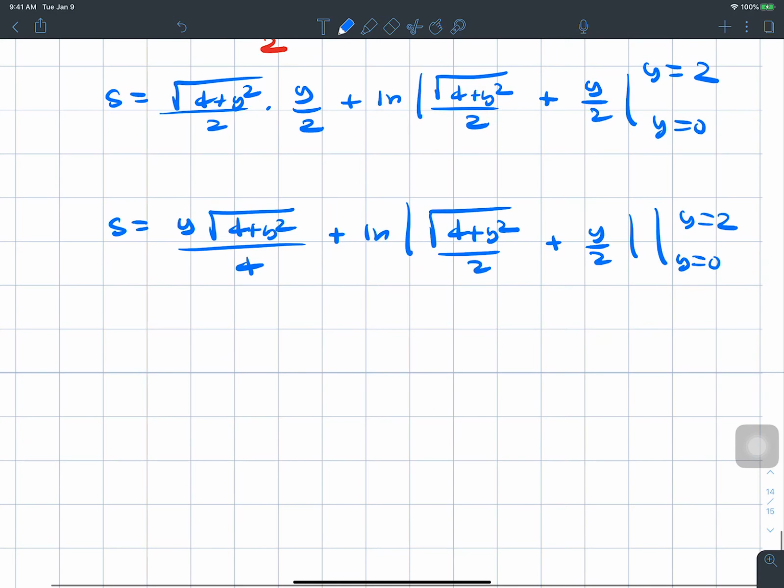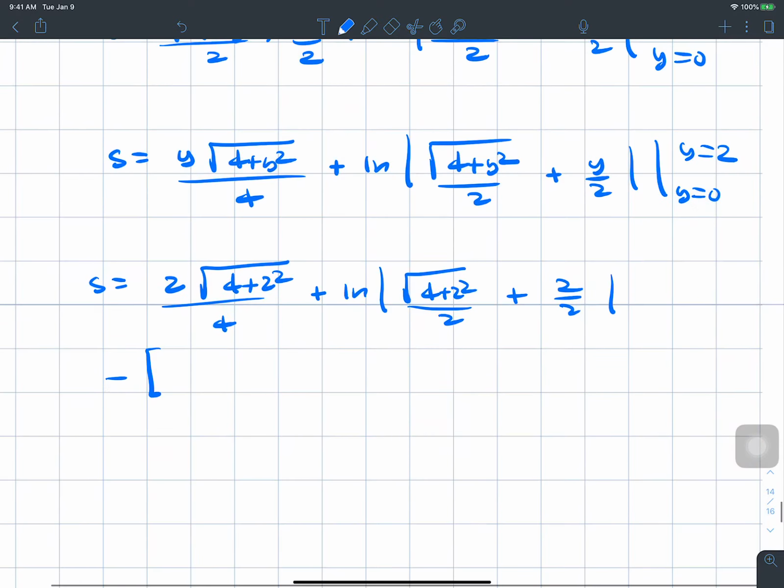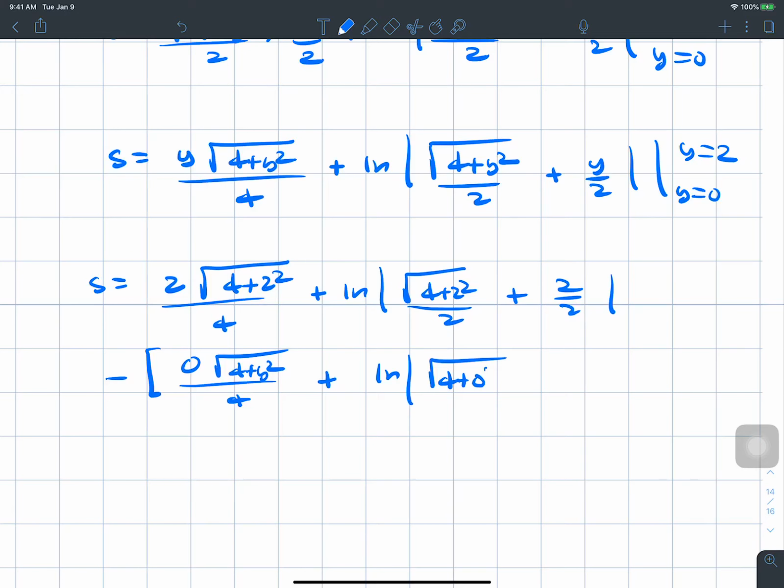So double check. Hopefully we're not making any mistakes. So the first y value, we're going to have 2 square root of 4 plus 2 squared, everything over 4, plus the natural log, absolute value, square root of 4 plus 2 squared over 2 plus 2 over 2, minus y is 0. 0 times square root of 4 plus y squared over 4 plus the natural log, absolute value, square root of 4 plus 0 squared over 2 plus 0 over 2 here.